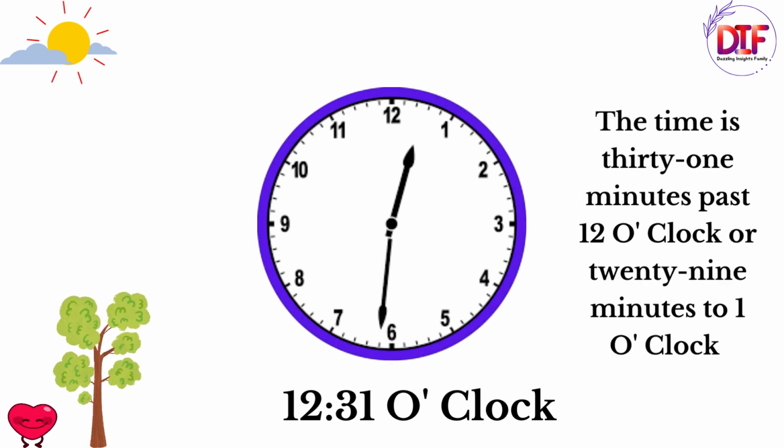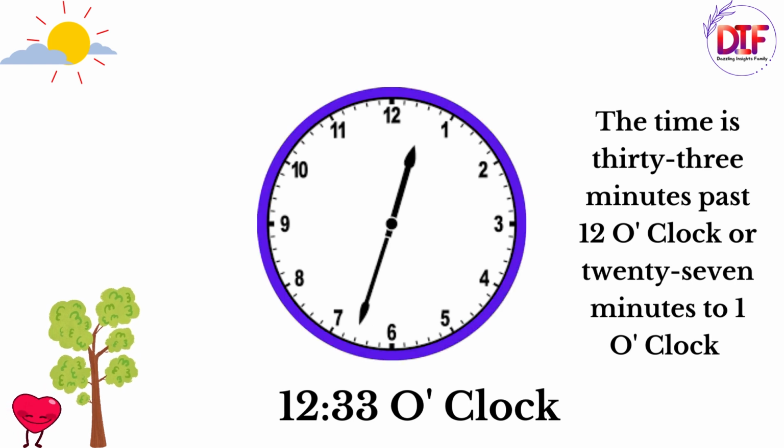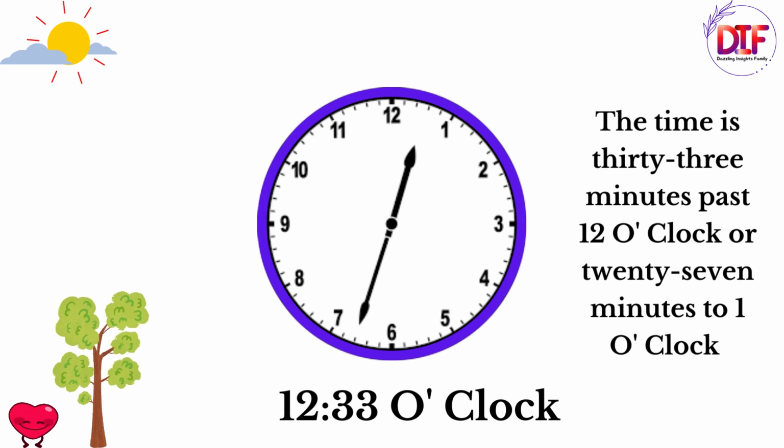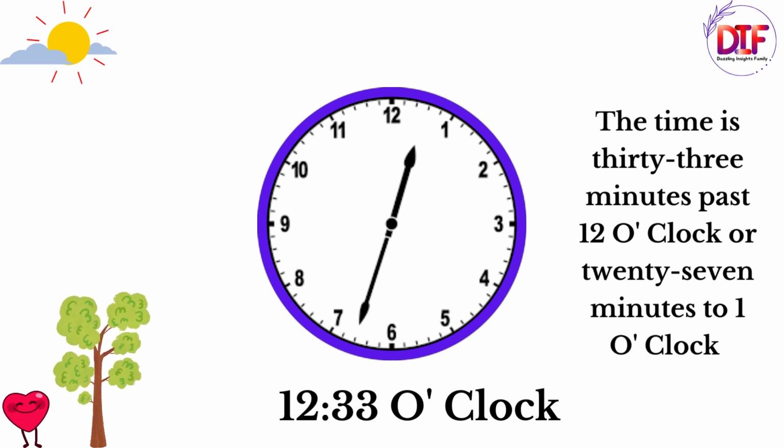31 minutes past 12, 32 minutes past 12, 33 minutes past 12. And remember, from our other clock, now when it is half past and it is heading towards the next hour, you can also start counting down the minutes before it is the next hour.